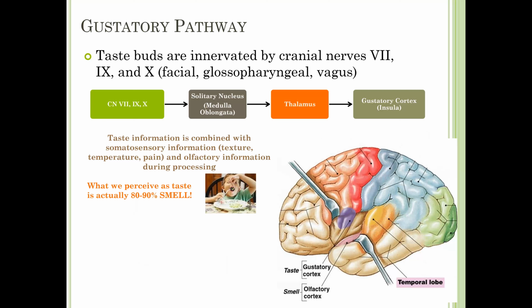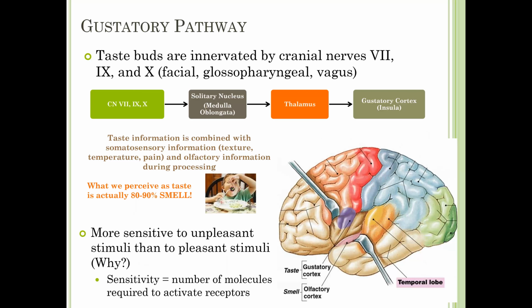And if you think about it, it makes sense. We only have 5 different tastes, excluding water: sweet, sour, bitter, salty, and umami, but we have 50 primary smells. So a lot of our wide range of taste is actually due to smell information.